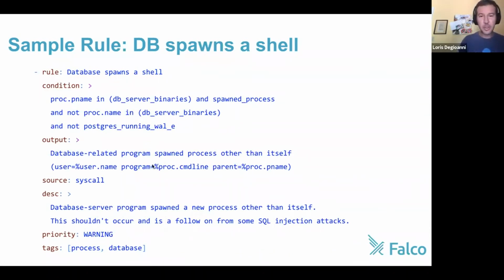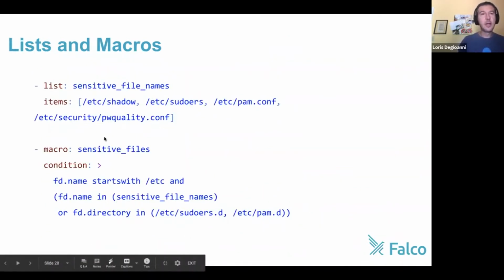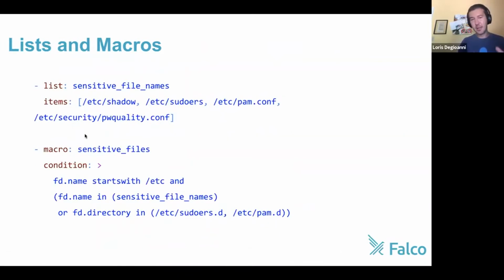There's an output, which is what you see when you receive a notification when this rule is violated. The source, as we were saying, can be Kubernetes or system call, description, and priority and text. Rules can contain lists and macros, so that they can be written in a more compact and reusable way.